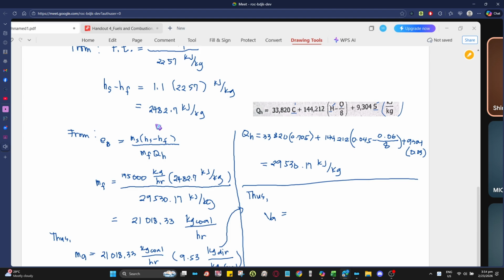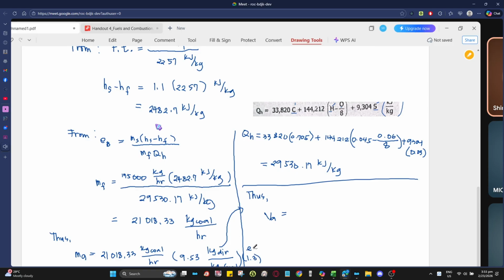Let's try 21,018.33 times 9.53. Times the percent excess air, so that is times 1.3, since it is 30% excess air.